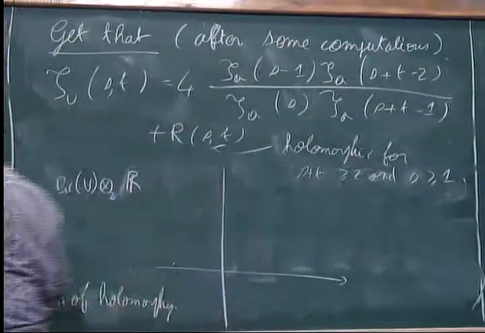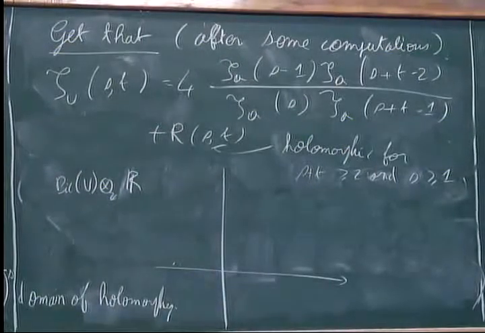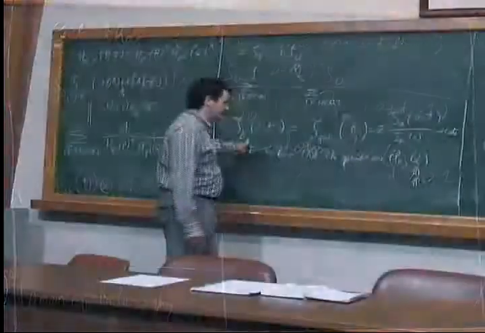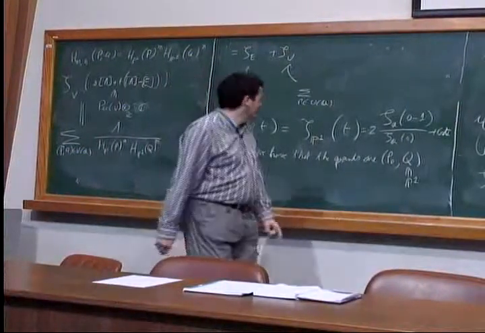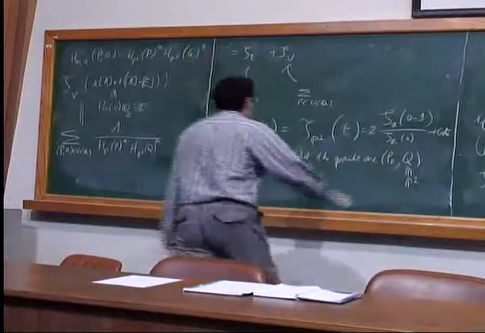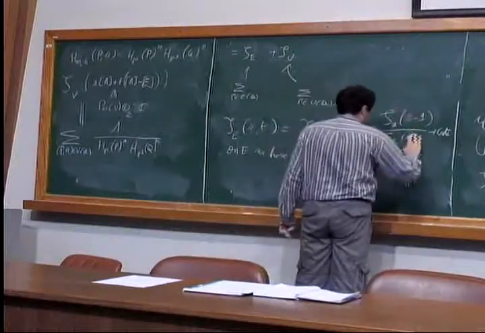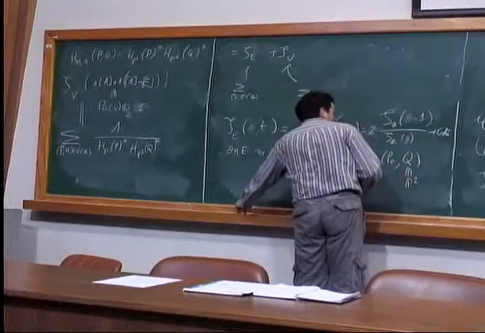So let me start with the one for zeta of E. Oh, there is something wrong there. Oh, it's T, sorry again. It's terrible. I changed my notation from my notes.